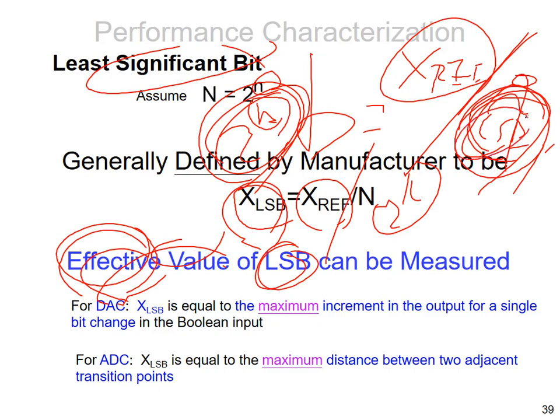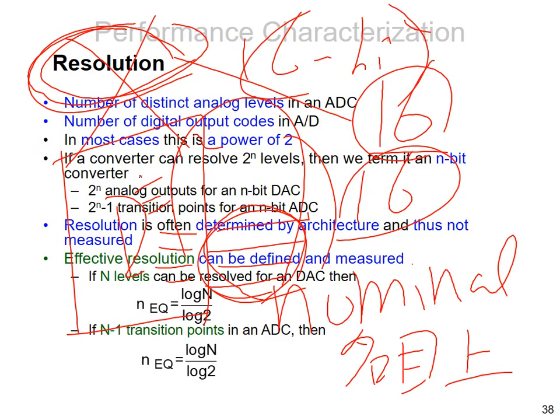For example, if LSB after measurement is doubled, 2 times larger than the ideal value, sorry for that, you lose 1 bit. So the effective number of bits will become n-1. Okay? That's it. So the effective number of bits can be measured, but the nominal number of bits, the resolution, you don't need to measure it. You just have a look at the number of output. That's it. It doesn't make any sense.